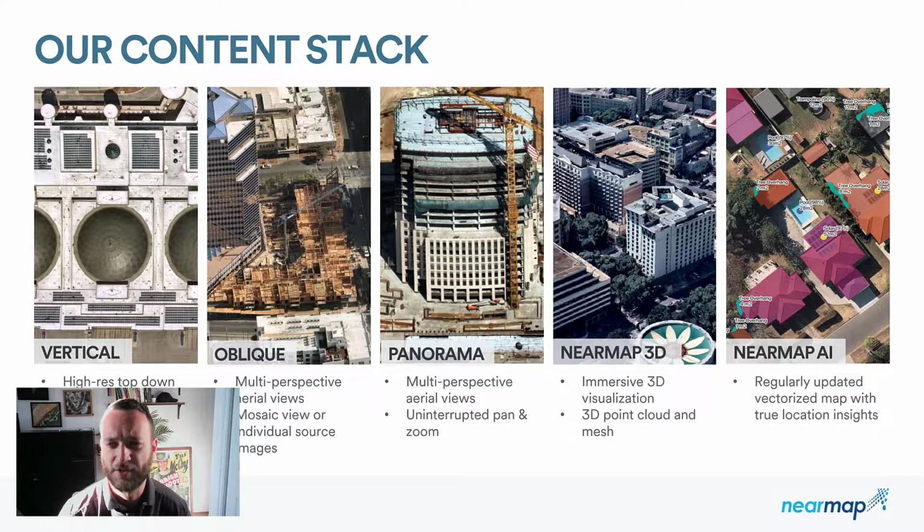Our Nearmap 3D I mentioned a little bit earlier. Again, we use the process of photogrammetry to generate things like reality mesh. That's what's being shown in this slide, that photorealistic 3D mesh that you can overlay designs on top of for proposal renderings and things like that. We also generate a 3D point cloud in a LAS format, and then we also have a digital terrain model and a digital surface model.